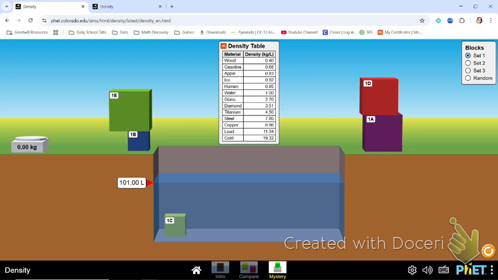Which one was D? We weren't sure. D is 1, so it's water. Water has a density of 1. This one will kind of just stay wherever I put it. Yeah, it's water.